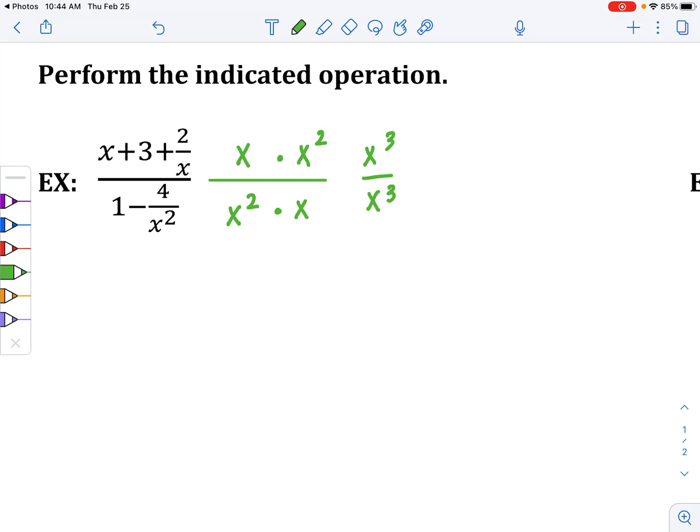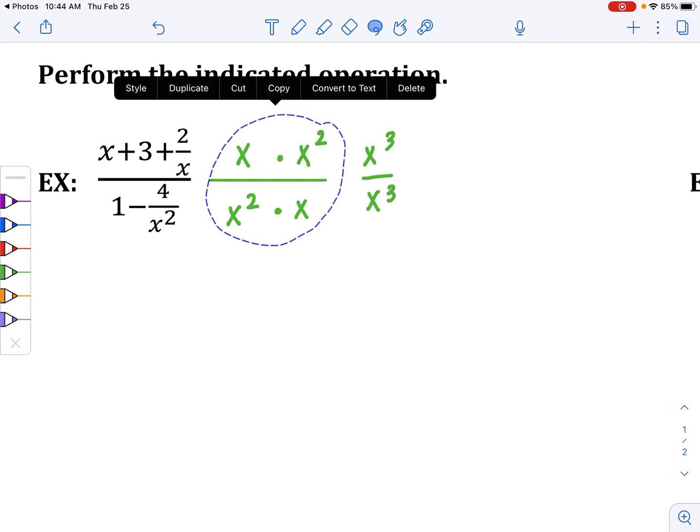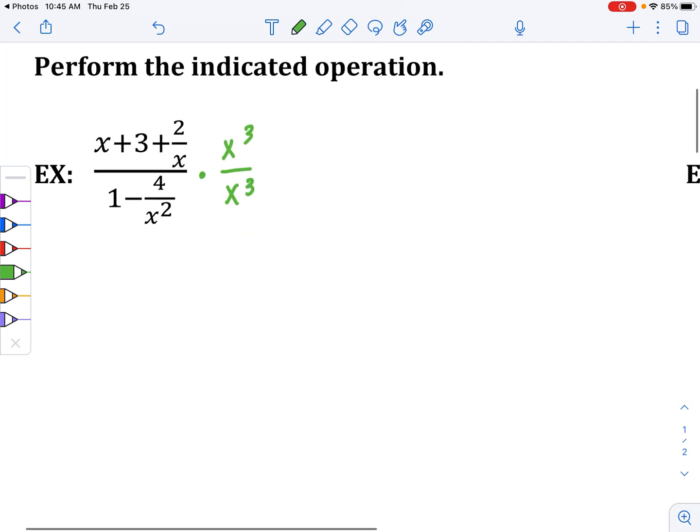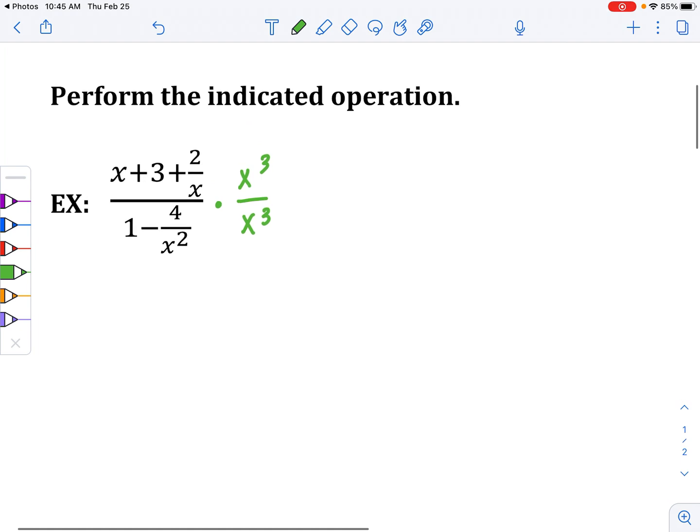However you want to look at it. You could do these by themselves, then these by themselves when you distribute, or I'm just going to actually erase this. I got the idea of what I needed. I'm just going to multiply the top and bottom by x cubed over x cubed, hoping that my denominators will cancel.